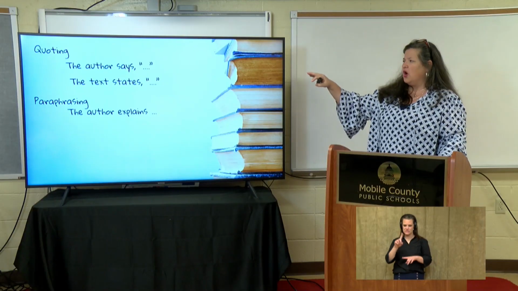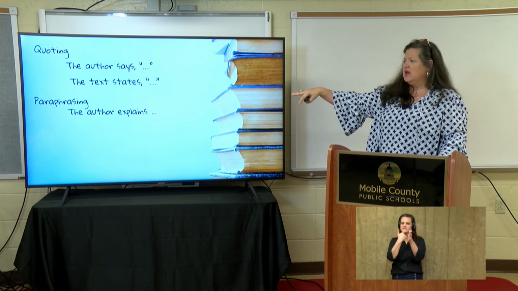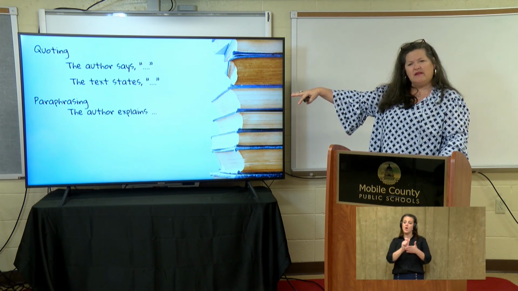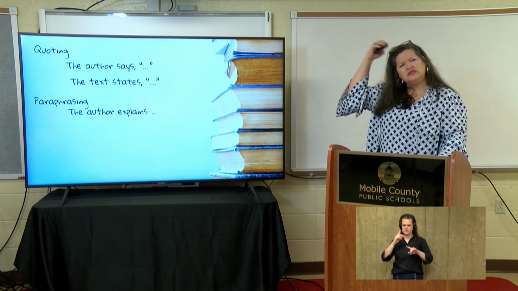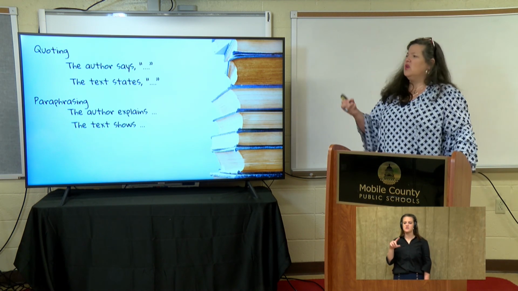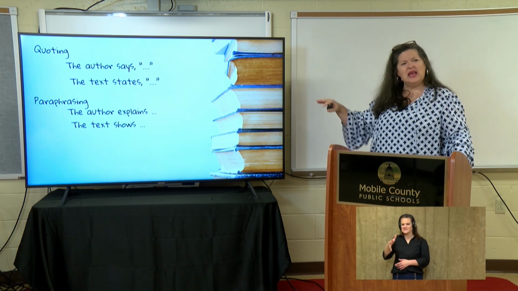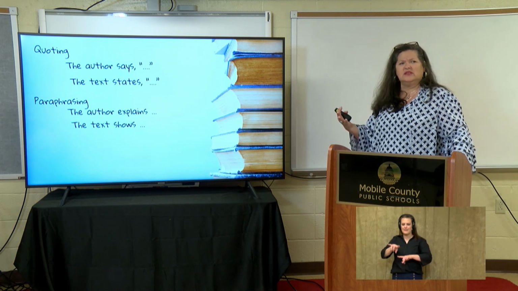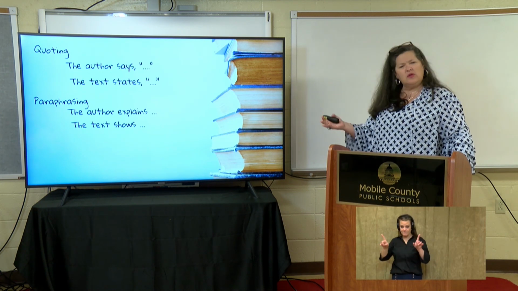Paraphrasing. Do you see the difference between "the author says" under quoting and "the author explains" under paraphrasing? Do you notice anything? What about "the text shows"? Those sound kind of the same, but do you notice the difference? It'd be the quotes.